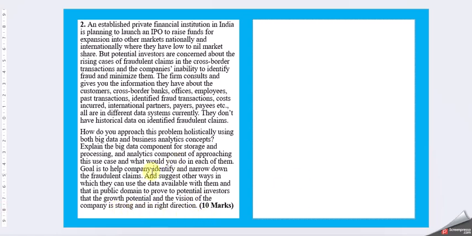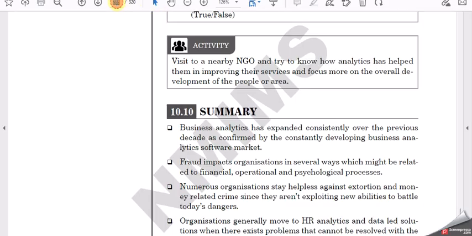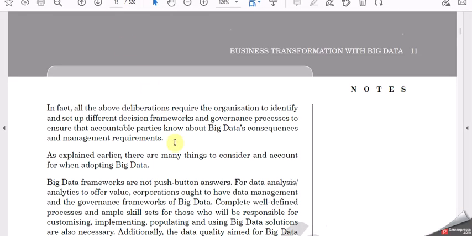So here we have a lot of information in the question and it is asking for quite a good amount of information in the answer as well. We'll get information from chapter 1 and chapter 3, big data in preventing fraudulent activities, page number 15.